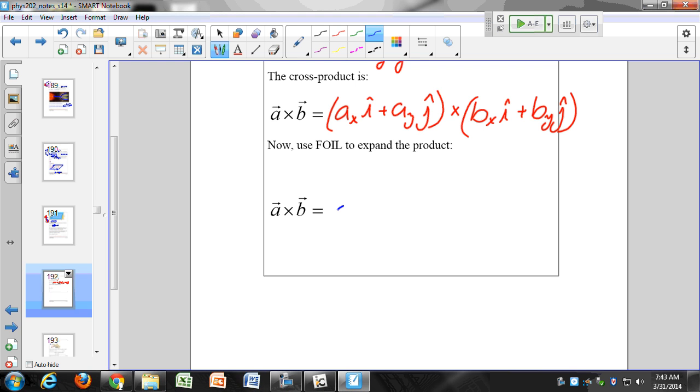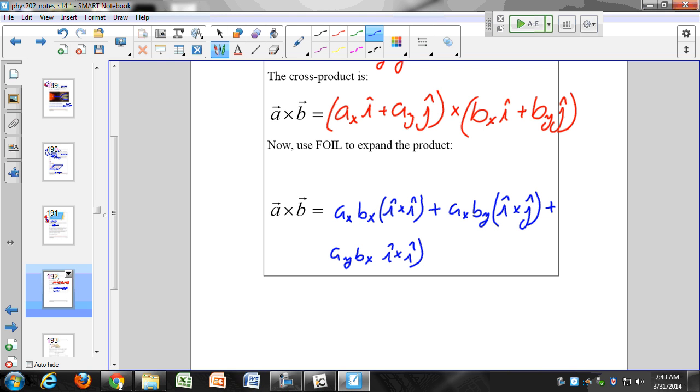And so I can say AX, BX, I cross I, plus outer, which is AX, BY, I cross J, plus inner, AY, BX, I cross I, plus last, AY, BY.